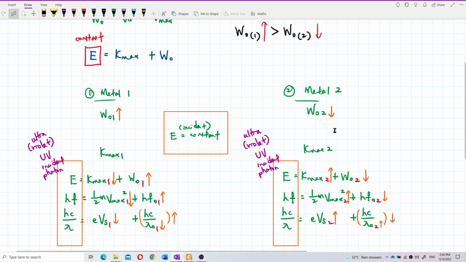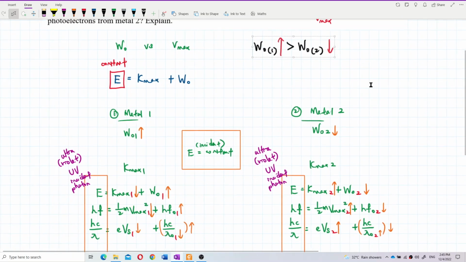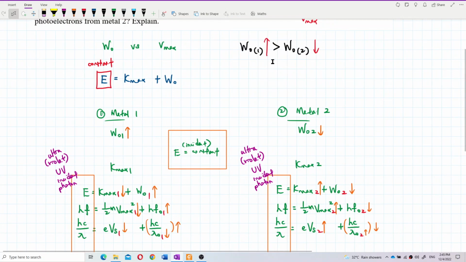So what I can say is, if I want to compare, the work function for method 1 is higher than the work function for method 2.